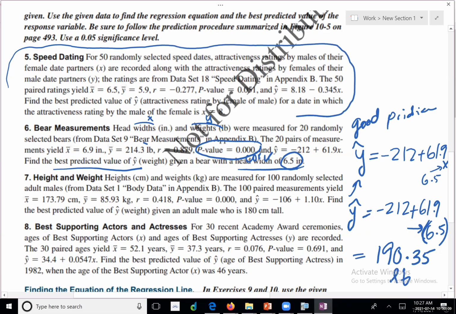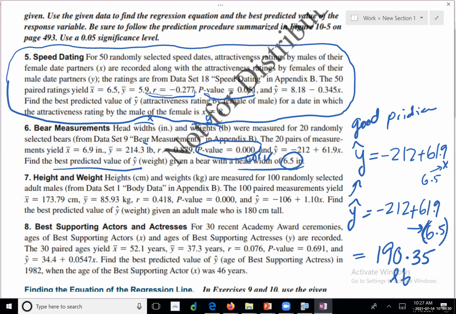Read number 5. Tell me first if that's a good prediction. Look at the R, look at the p-value, and tell me if there is a strong correlation, yes correlation or no correlation.